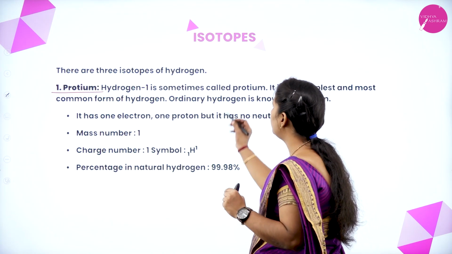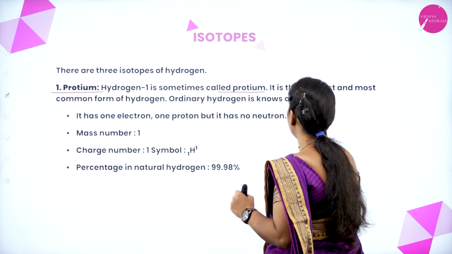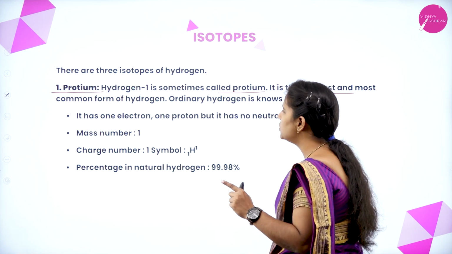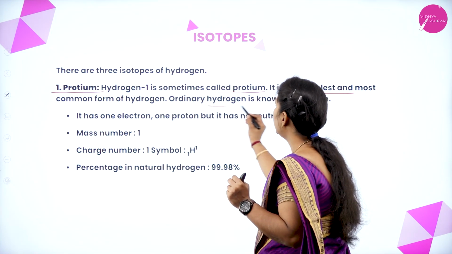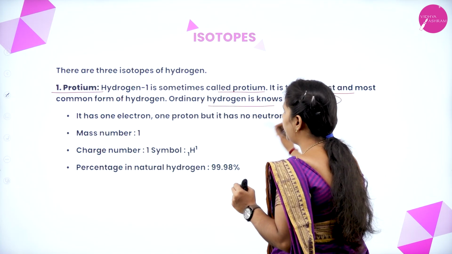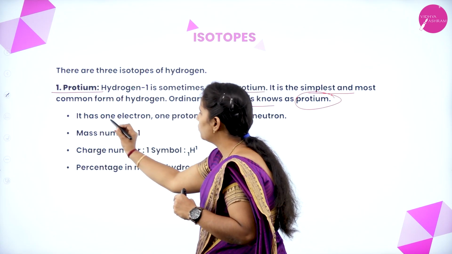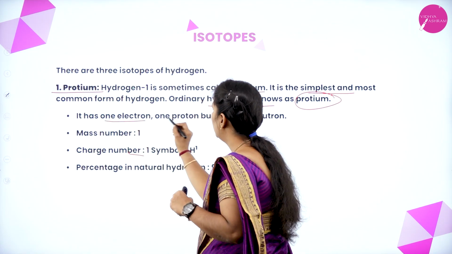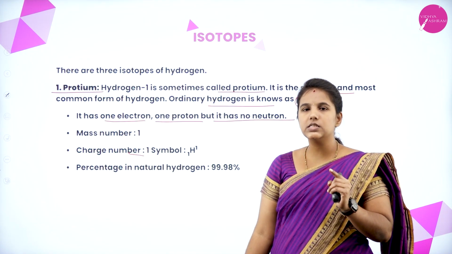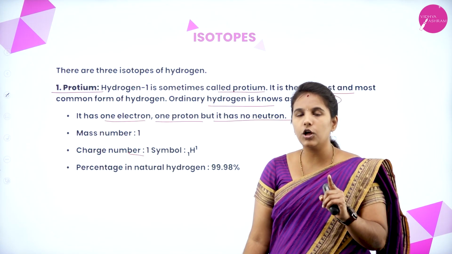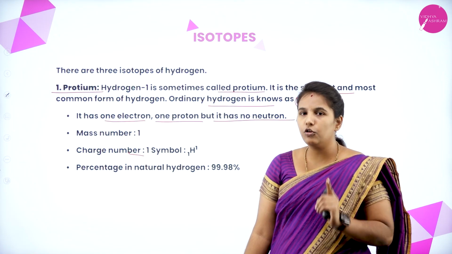Hydrogen 1 is called protium, and it is the simplest and most common form of hydrogen. Ordinary hydrogen, also known as protium, has one electron, one proton but no neutron. So it consists of one proton and one electron and no neutron.